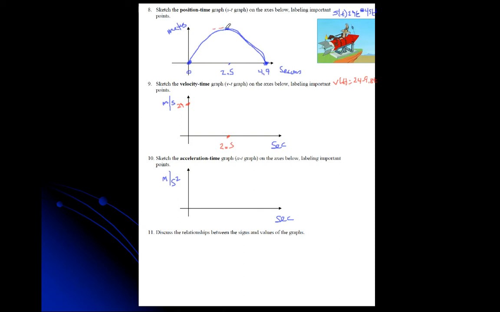Where there was a horizontal tangent on the original, the derivative has an x-intercept. Where the original is increasing, the derivative is above the x-axis. Where the original is decreasing, the derivative is below the x-axis.